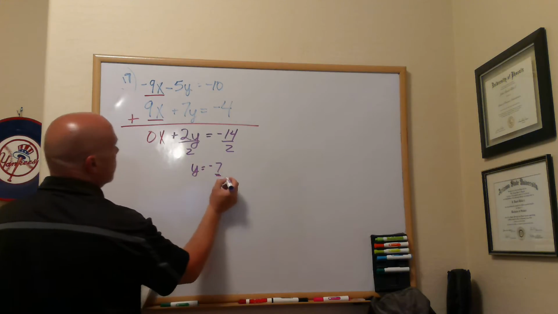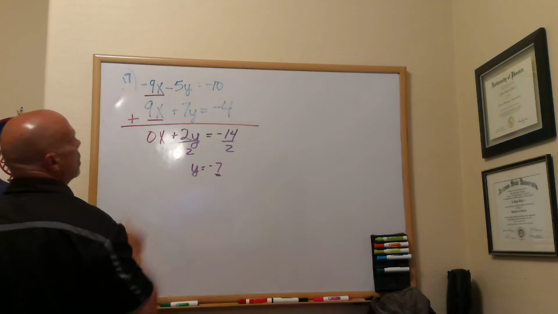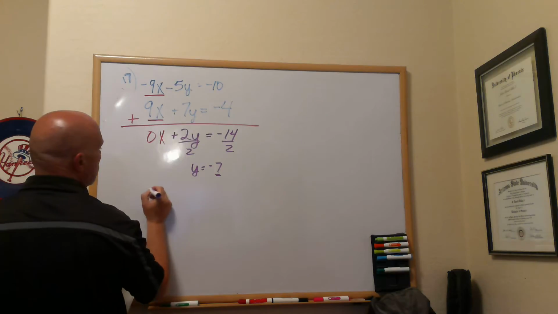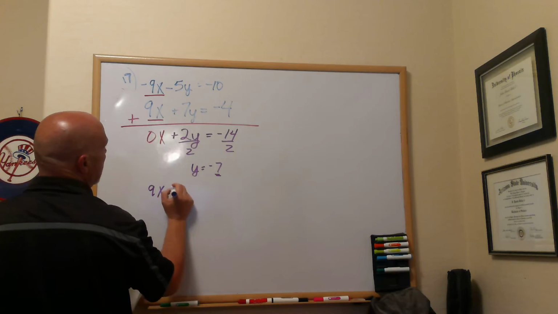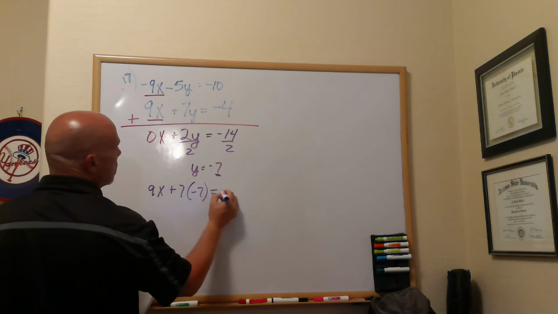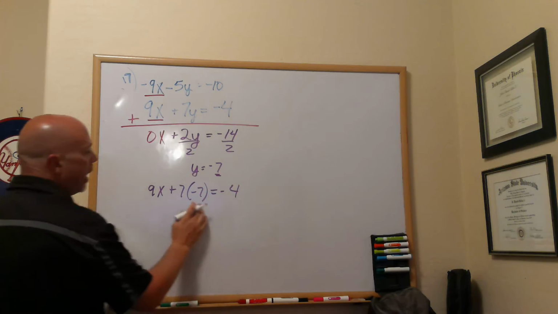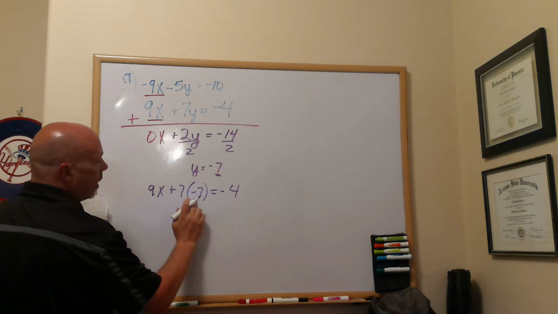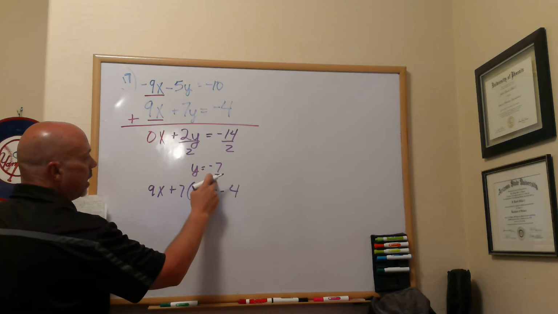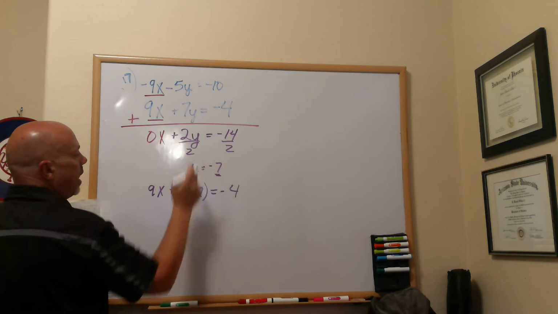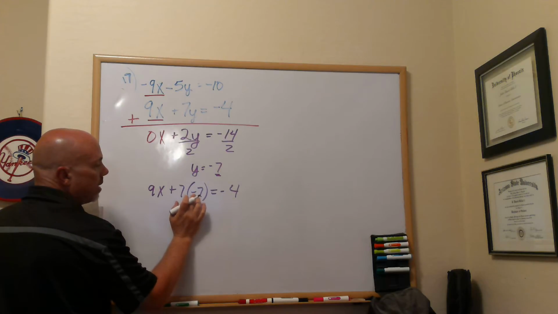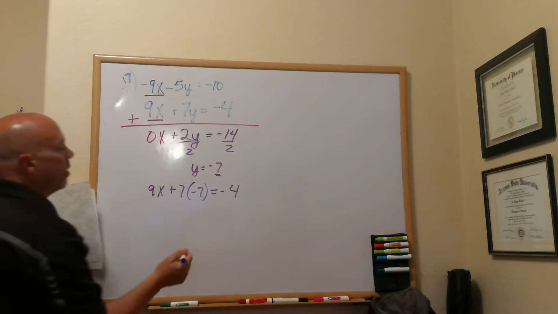Now I take that negative 7 and plug it into either of these two equations for y. I'm going to use the equation on the bottom. So now I have 9x plus 7 times negative 7 equals negative 4. As a hint, when you're substituting the value in for your variable, y equals negative 7, make sure you put it in parentheses so that the sign stays with the value.